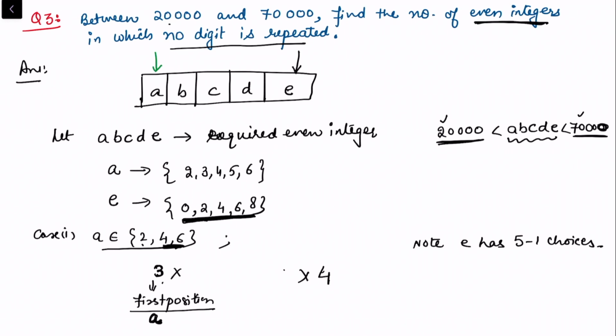And for the remaining middle digits B, C, D, we can keep any digits, provided they are not coming from these 2 positions. Two digits we have already used.